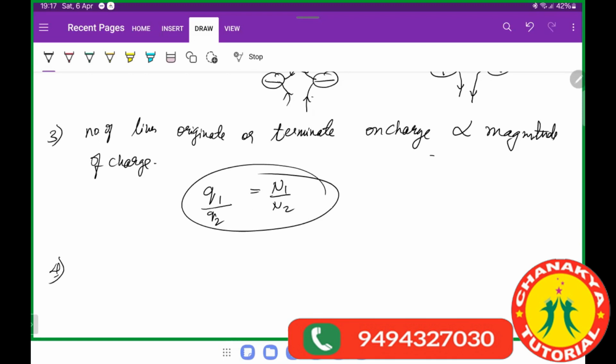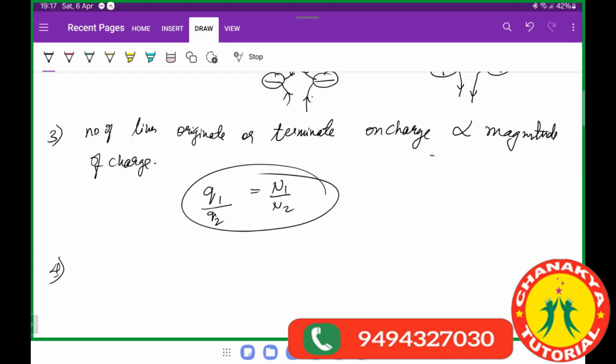Okay, next, from the magnetic field, magnetic field lines never intersect. Why don't they intersect? Because if two or more lines intersect each other, it means the magnetic field has two directions at the same point, which is not possible.